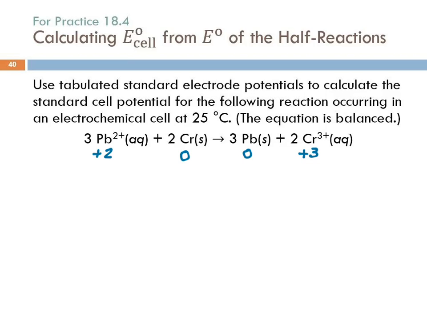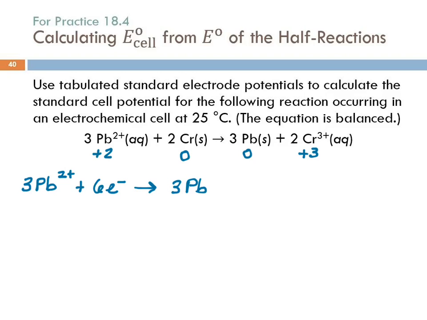And in a more complicated one, doing that can help you figure out what goes with what. This one's pretty simple. We've just got lead and chromium. So one of these must be 3 Pb2+. You have to add 6 electrons to that, and that's going to make 3 Pb.